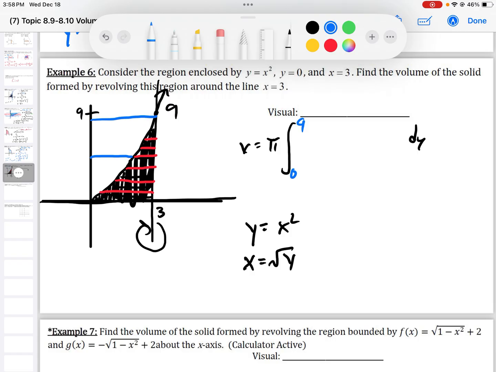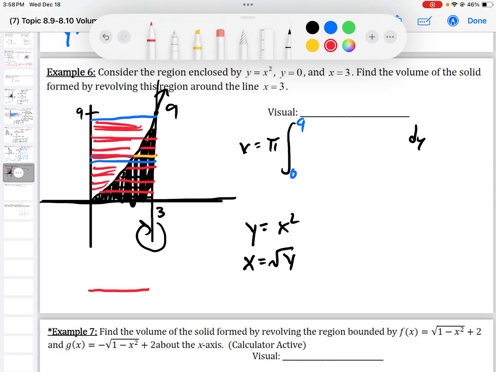So this distance right here, if I want to find this yellow distance, that would be 3, the whole thing, minus the square root of y.